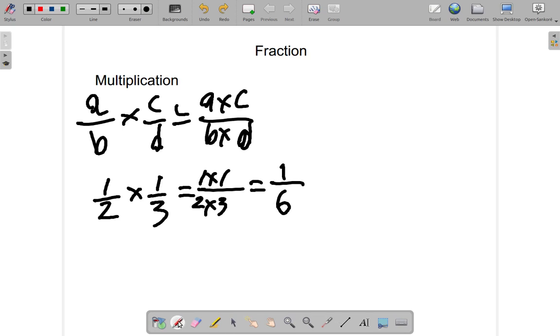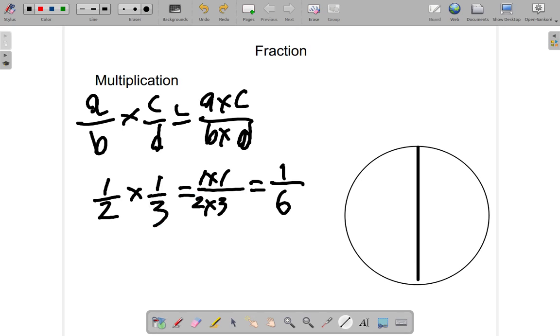So what you get is like this situation. You have a circle and you take half of it. Now you cut the entire circle into halves.